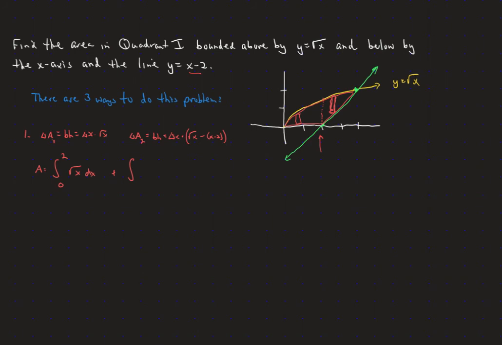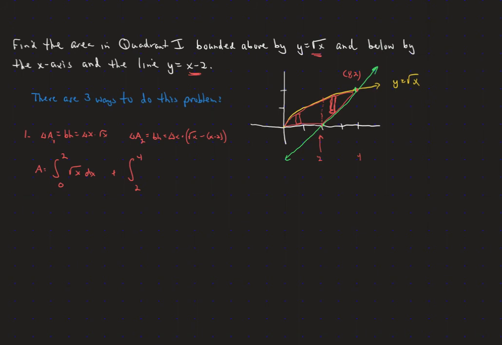Now we're going to go from 2 to where these 2 curves intersect. It kind of looks like that's going to be at 4. We can confirm that because the square root of 4 is 2, and 4 minus 2 is also 2. So that makes that point there for 2. And for us, that means we're going to integrate from the x value of 2 to the x value of 4.